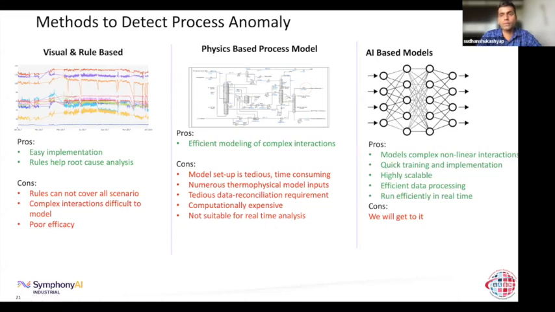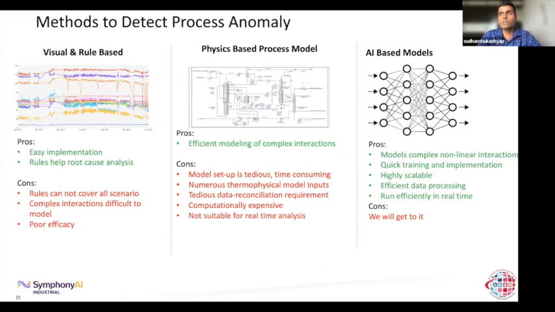So next is AI-based, and we talked about some of the basics of AI. Of course the AI-based models could do nonlinear interaction modeling, and with good compute power available, we could do quick training and implementation. Inference is even much faster in this case, so it could run in real time, and it is highly scalable.